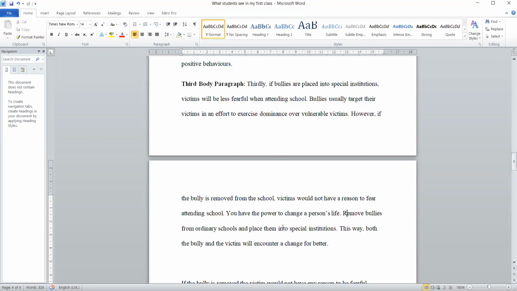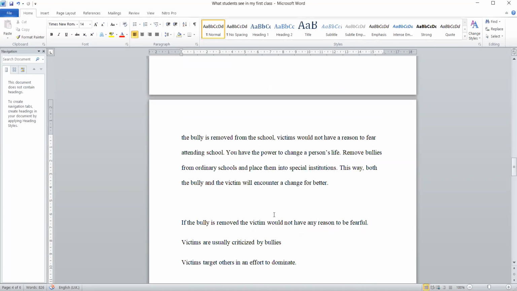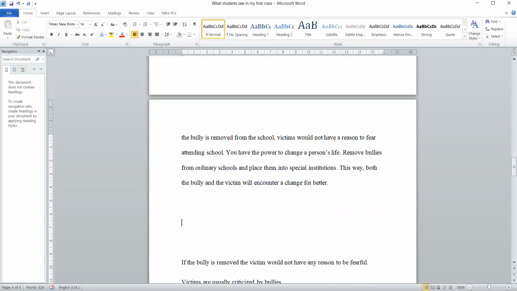This way, both the bully and the victim will encounter a change for the better. All right. So let's conclude. Which transitional word are we going to use to conclude?